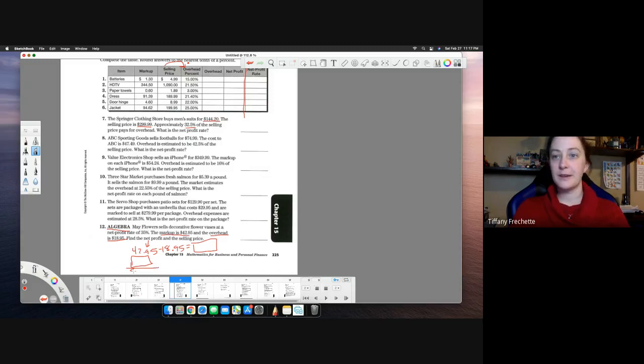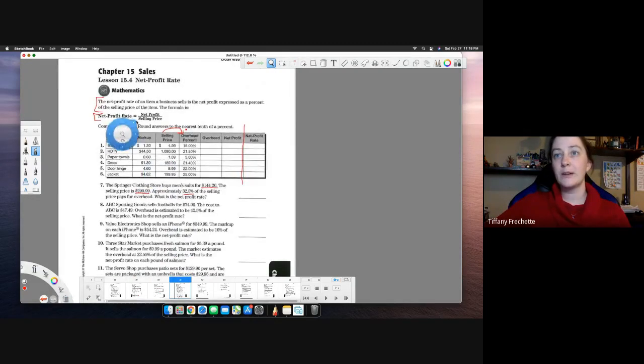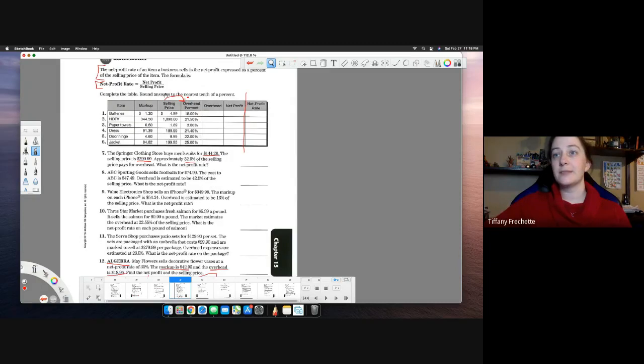I'm using the formula up above for calculating the net profit rate: net profit rate equals net profit divided by selling price. I'm using this formula kind of backwards to get the piece that I need.